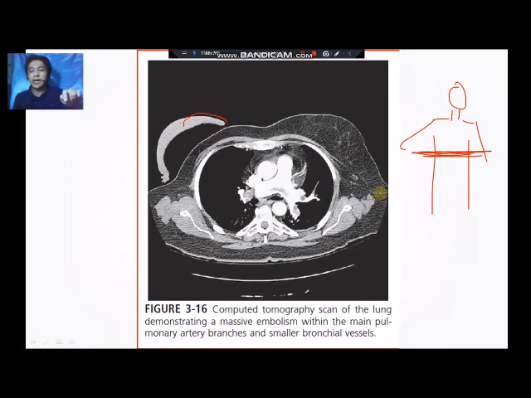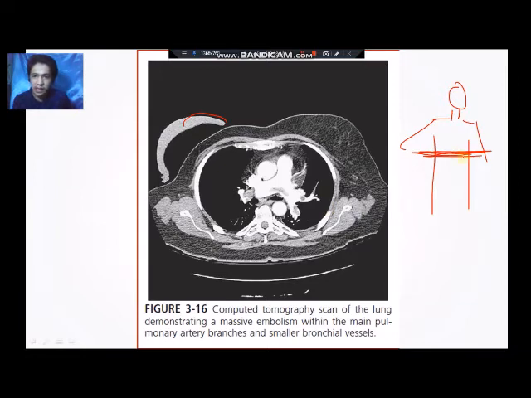Okay, so in a CT scan, basically the slices of the patient are like a loaf of bread. Just imagine a loaf of bread is a whole person, and the slices are basically the individual loaves. We take one loaf of bread, then we look at that loaf of bread. So that's basically the concept of a CT scan.